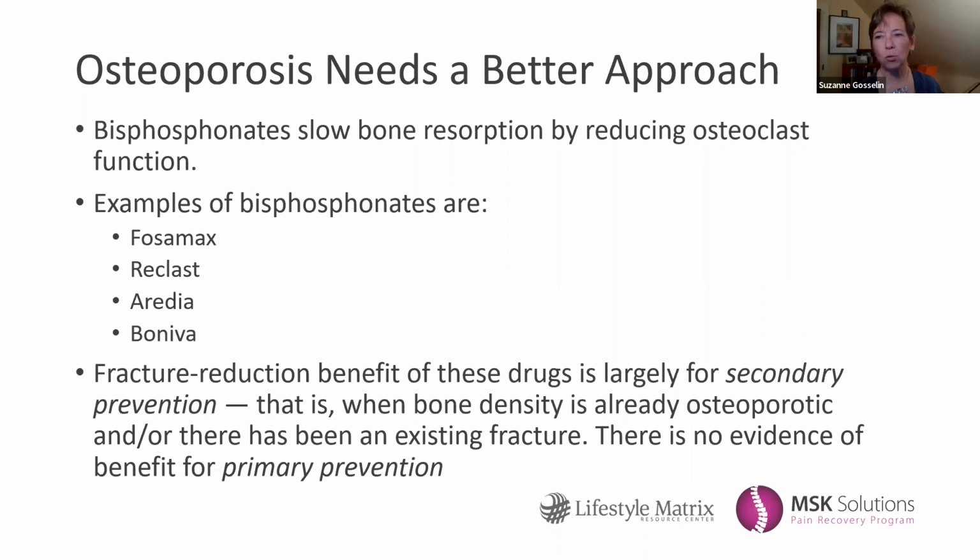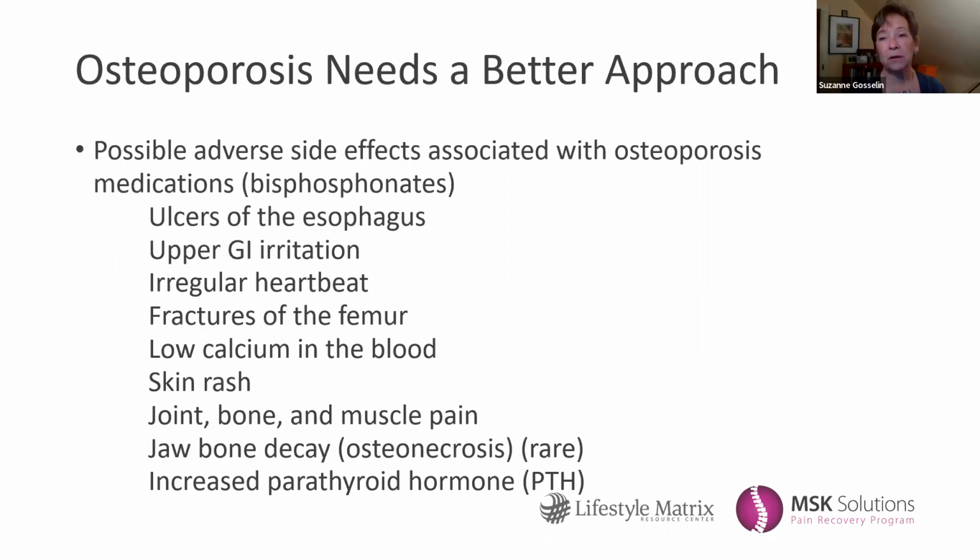It is not for primary prevention of osteoporosis. It is for secondary prevention of a second fracture. And there are a fair amount of side effects associated with the bisphosphonates, so much so that up to 50% of the individuals who start these medications do not continue with them because of the adverse side effects.